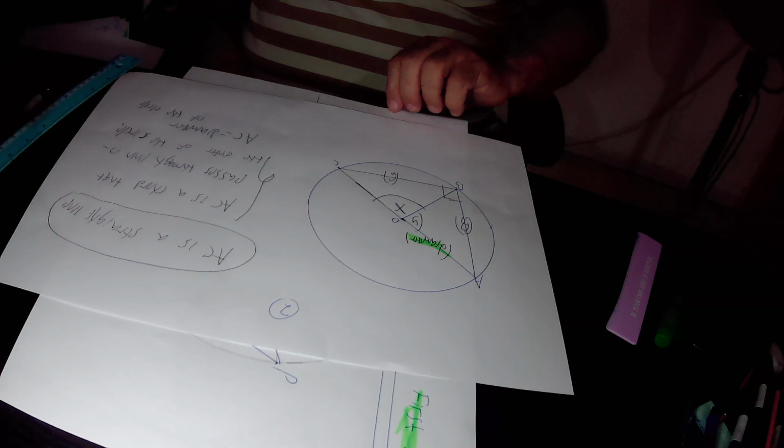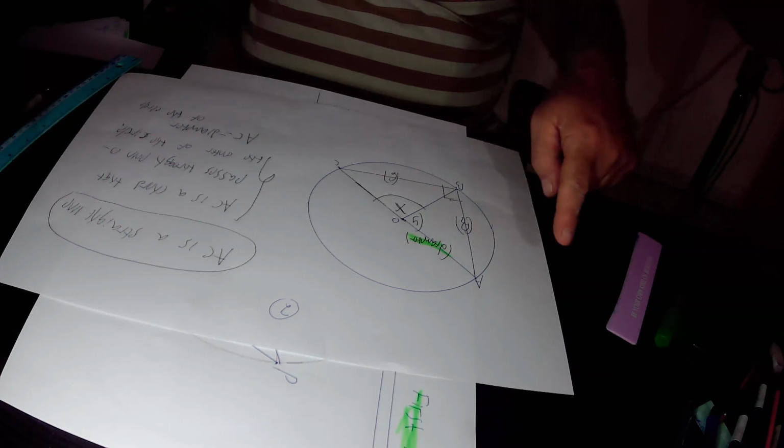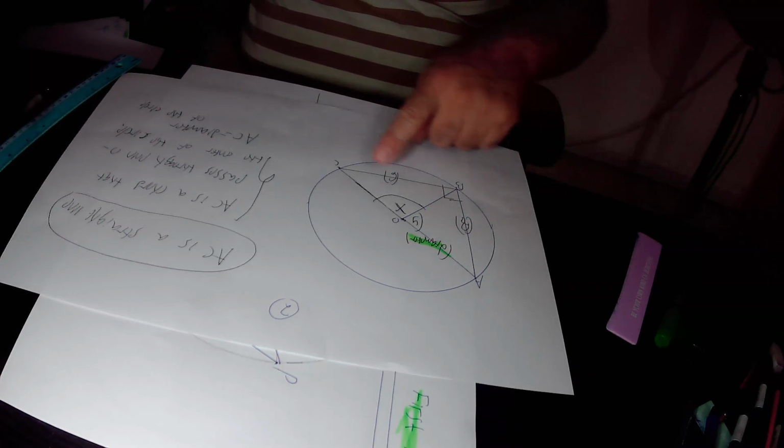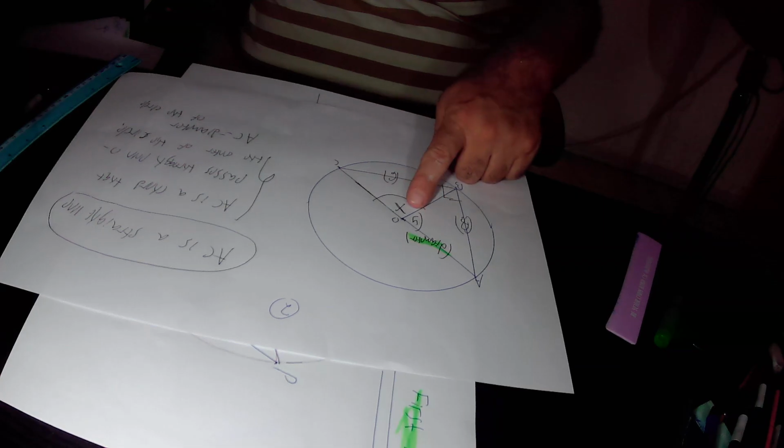And we know that any angle that is equal to 180 degrees in its size is defined as a straight line. Therefore, AC is a straight line, because angle AOC equals 180 degrees in size.